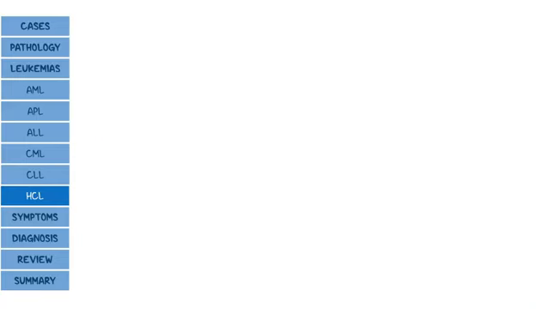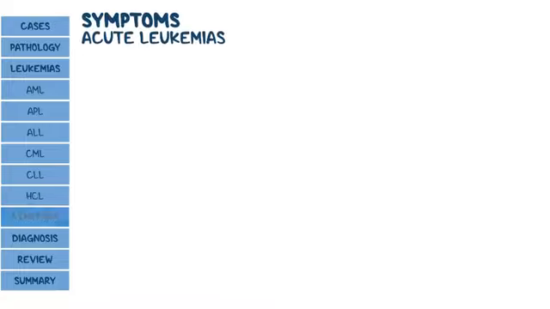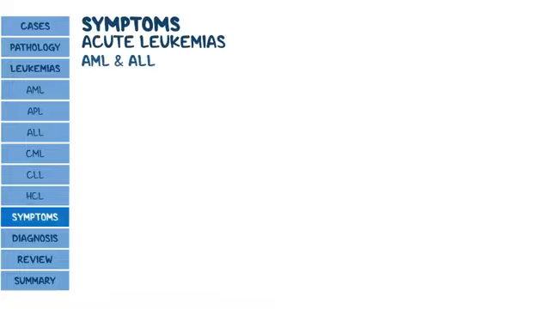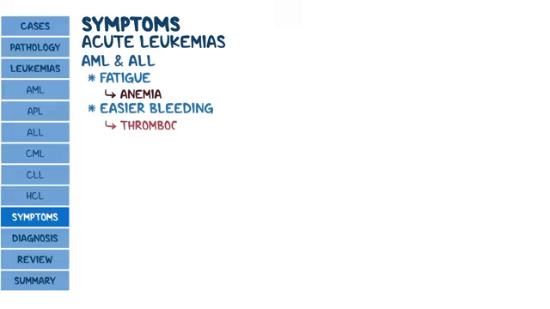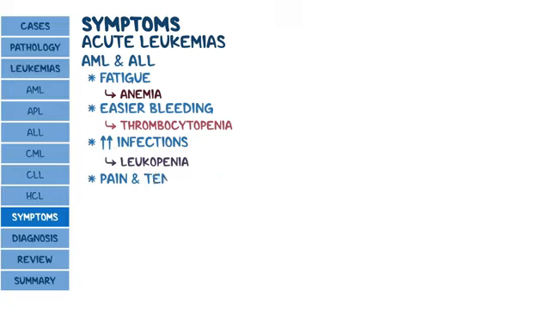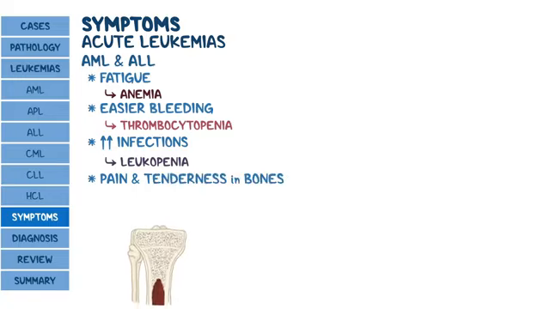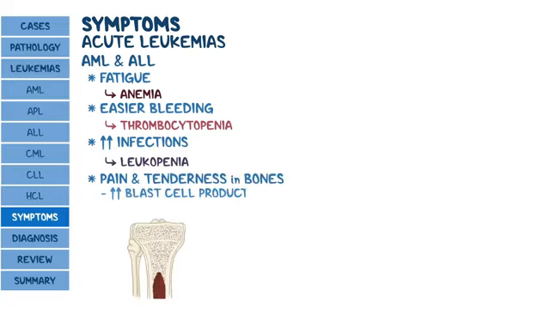Okay, now let's move on and talk about symptoms of acute leukemias. Both AML and ALL can cause fatigue because of the anemia, easier bleeding due to thrombocytopenia, and more frequent infections because of the leukopenia. Pain and tenderness in the bones can occur when there's increased blast cell production, which causes the bone marrow to expand.